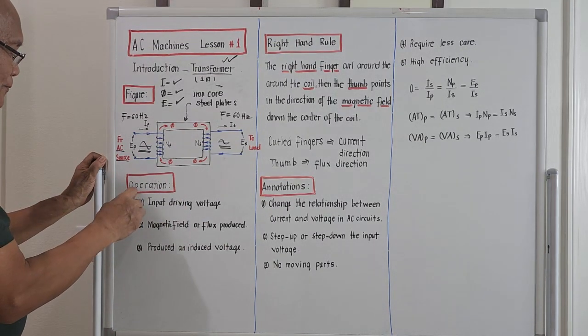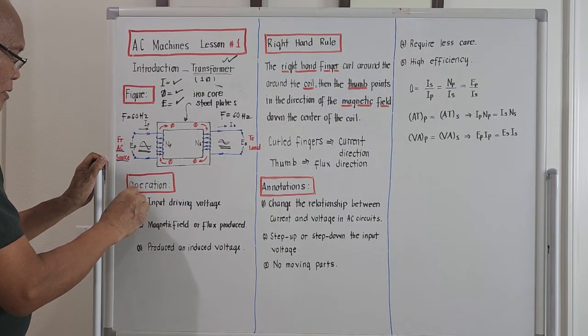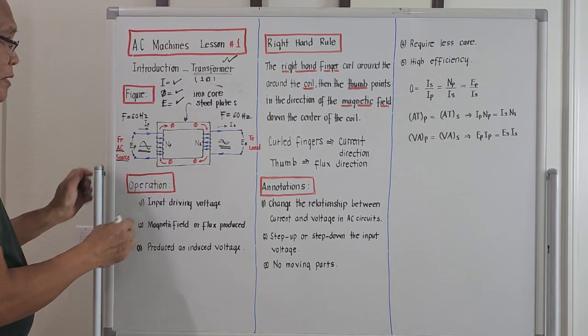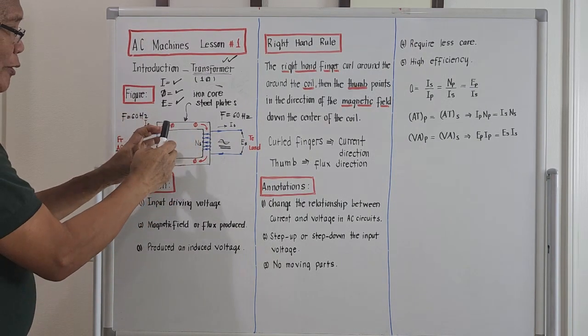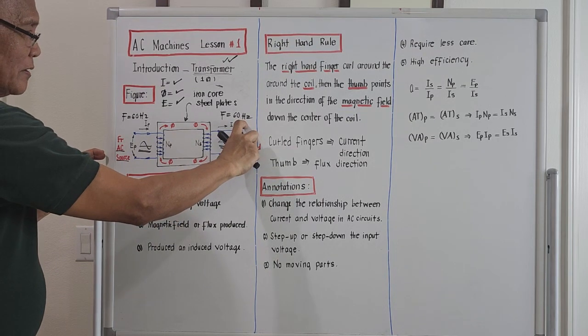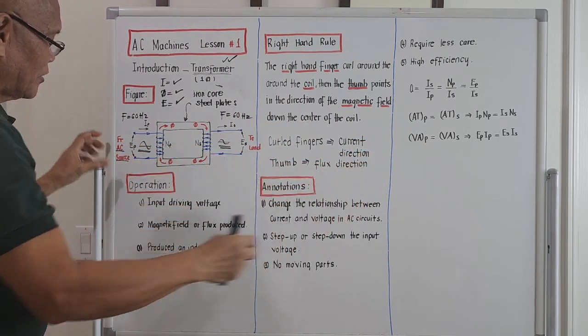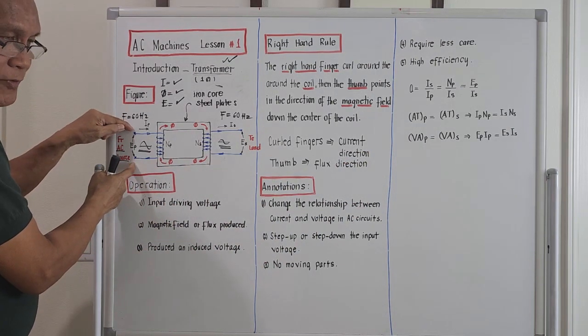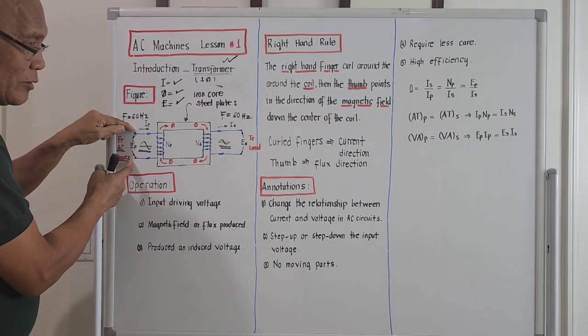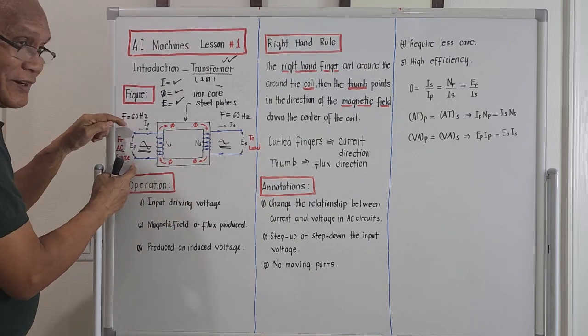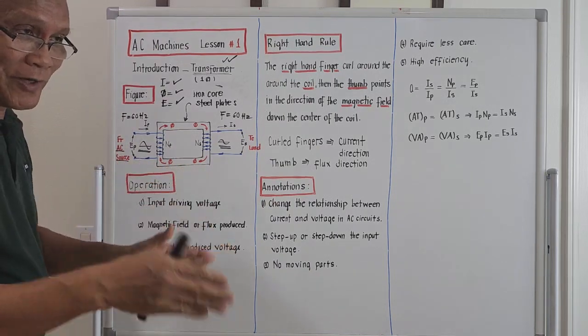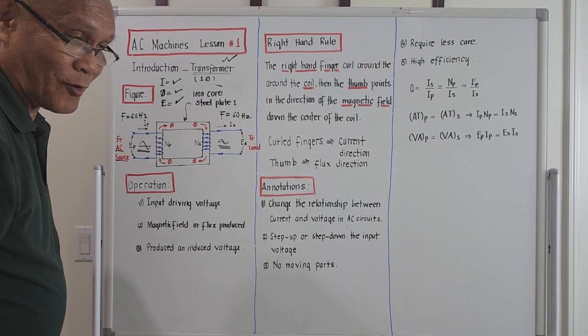There should be an input driving voltage. For this transformer to produce a voltage that will be needed by households, there should be an input voltage coming from the generators. Without it, we could not produce. If the generator or power plant is down, we call it brownout or blackout.